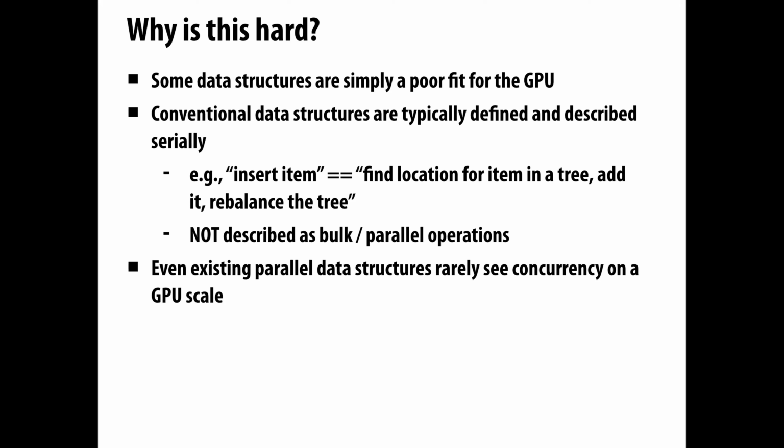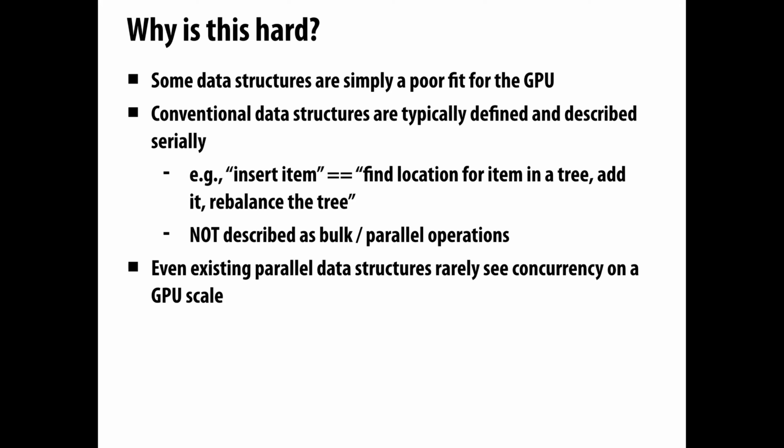Finally, you have some data structures that are described in parallel, and that's interesting on the CPU. But when we dive into their implementations, the levels of concurrency that we see on the CPU might be 8, 16, 24 cores, but that's a very different scale of concurrency than we see on GPUs, where we have hundreds of thousands of threads that might be resident at the same time.